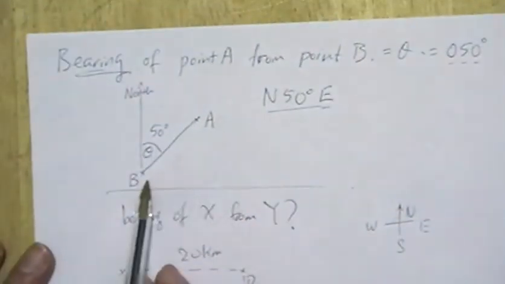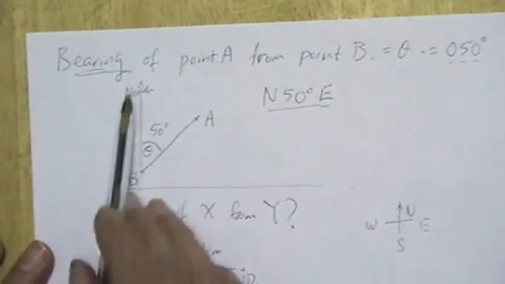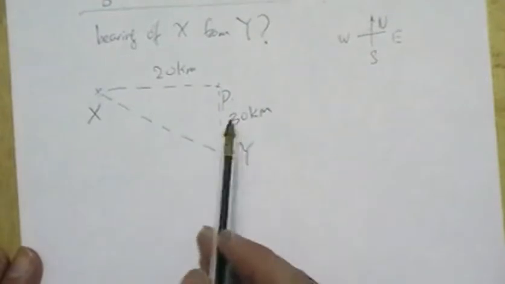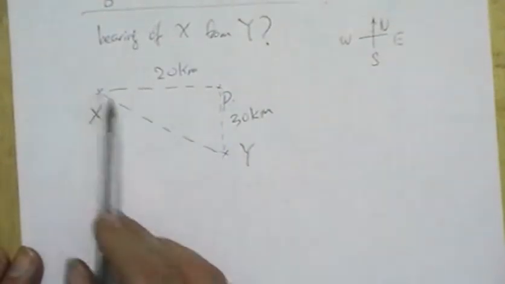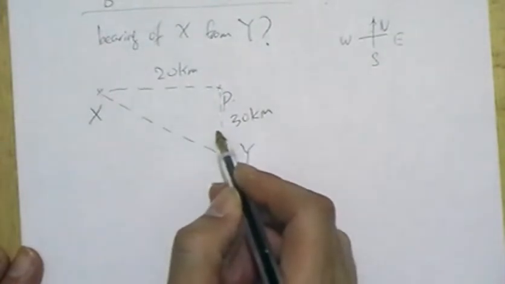Now we've seen A from B just now, and it's the angle from the north direction. And here we have that north direction, so for X from Y, the angle from the north direction would look like it should be this angle.